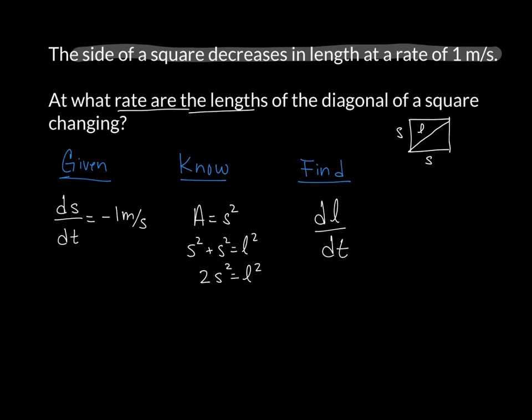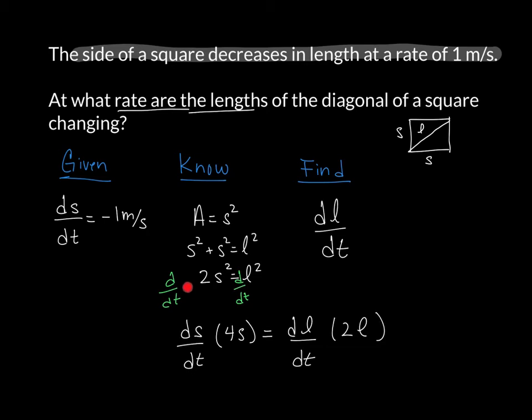So let's go ahead and use this formula that we have. We're going to take the derivative with respect to time for both of them, and that will leave me with ds over dt times 4s is equal to dL over dt times 2L.